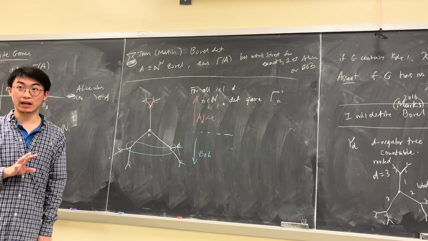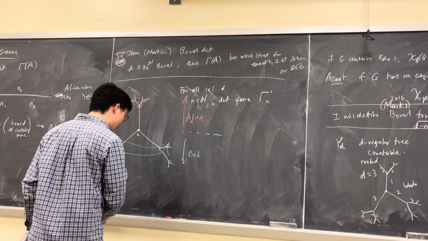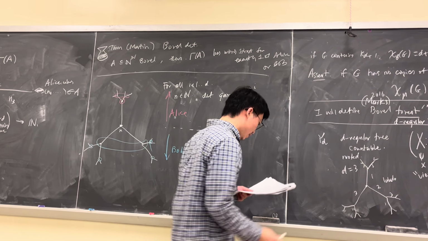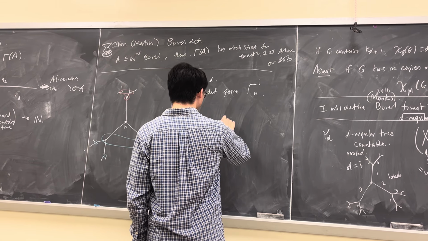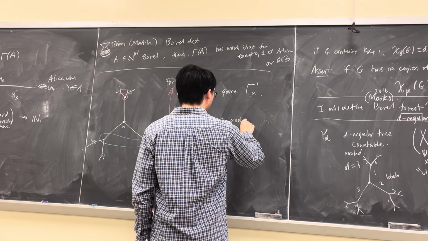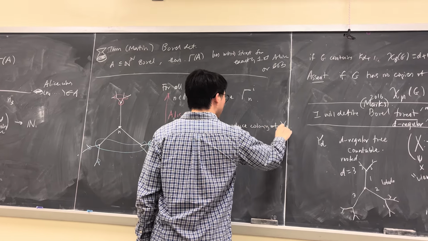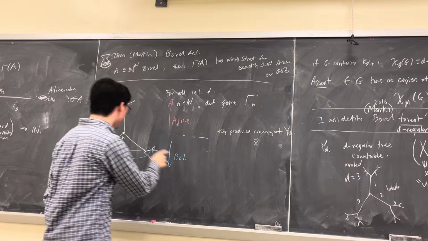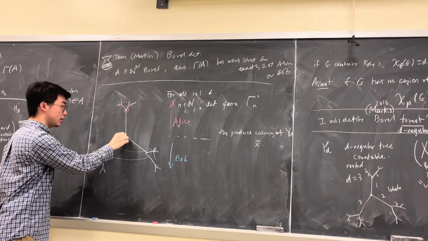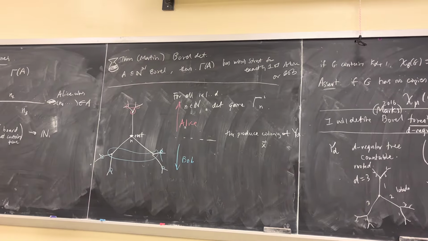Any questions about the game? So in this way, they produce a coloring of Y_d, which was this tree, which is in fact a specific view of this coloring from the root here. Is Bob taking two turns in a row by coloring two?